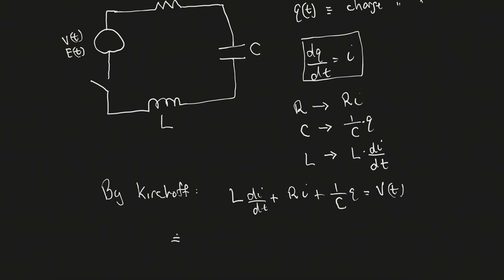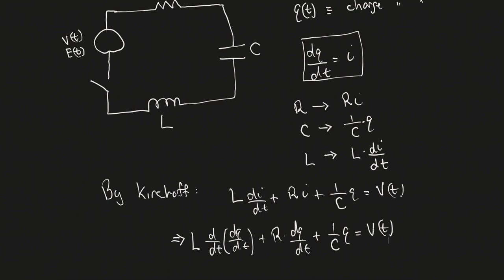So this implies that L, since there's an I here, I can basically think of that as taking the derivative of I, but I is the derivative of Q. So I'll do this, L d²q dt², and then plus R, and then again I'm going to replace I with dq dt, and then plus 1 over C times q, and then that's equal to V of t.